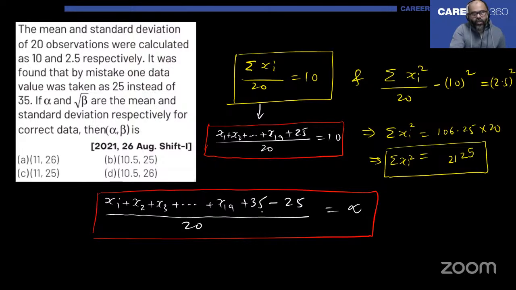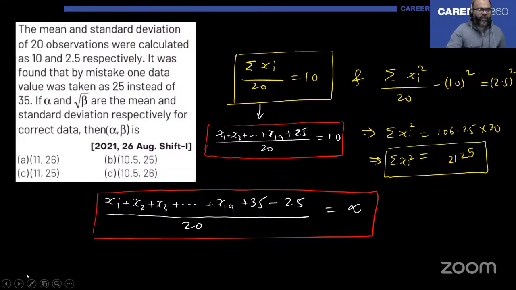So the new mean will be this one. x1 till x19 is fine, 185 by 20.